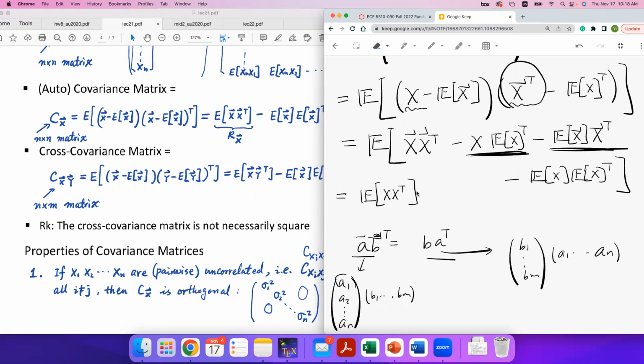And also by default, all vectors are columns, a convention adopted by MATLAB. When you define a vector, it's always a column vector. The expectation will only apply to this one.